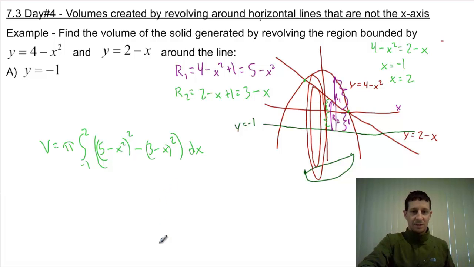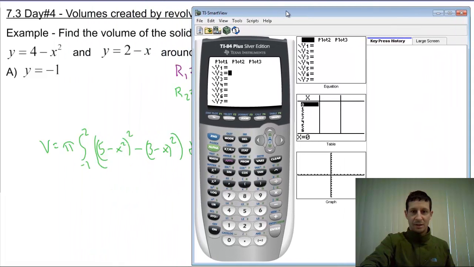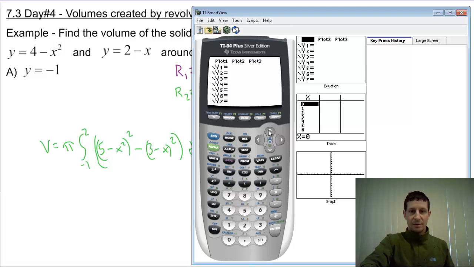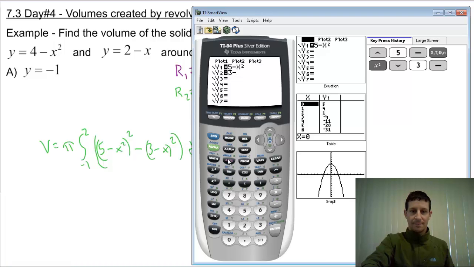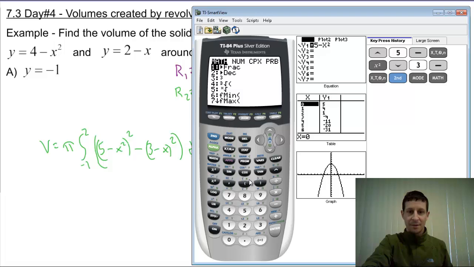And I think let's pull up the calculator here real quick. Try to keep this so that you can see it on the screen here. I'm going to store 5 minus x squared. Down below I'm going to do 3 minus x. Those were the two radii. And then on the home screen, we'll go to Math 9.